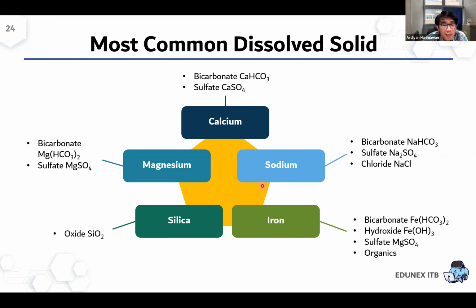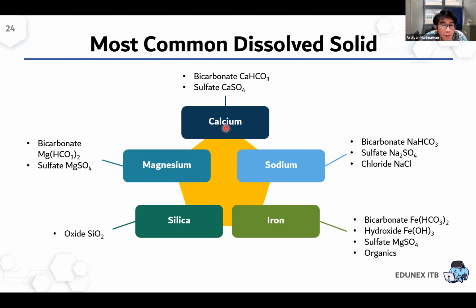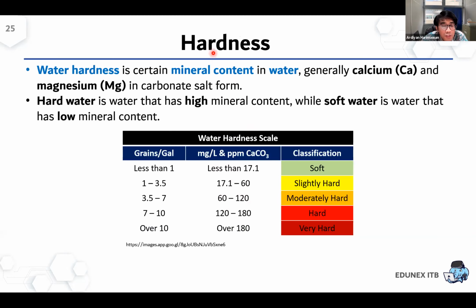Okay, now we go to hardness. Due to the mineral content, some of the dissolved solids in the water will possess a property called hardness. Maybe before we go through hardness in general, I will ask, what do you know about hardness?